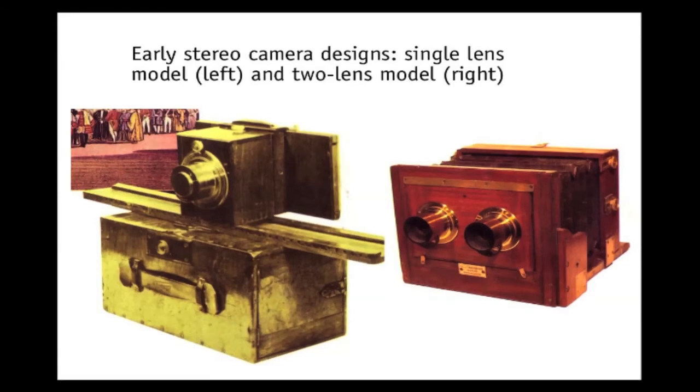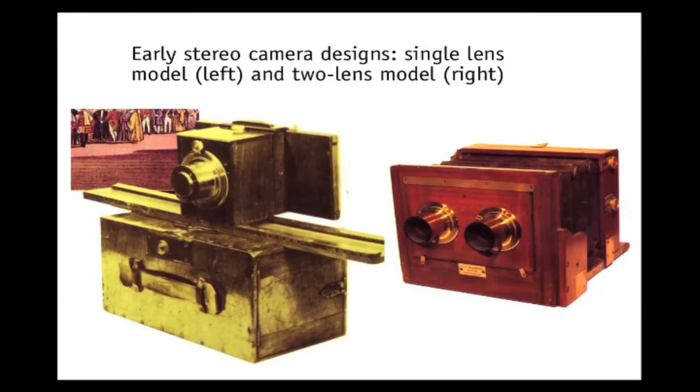So the camera slides left and right, and the positions are marked on the slide. You actually have to take these left and right eye views successively, and because the early exposure times were so long, you get these ghostly images very often, where you see that the living targets in the stereoscopic picture have moved.